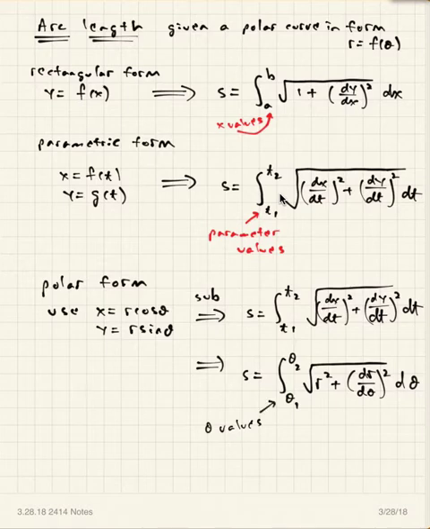All right, so now we have three separate forms for arc length. They're all equivalent. They're all based on length, and the distance formula actually.